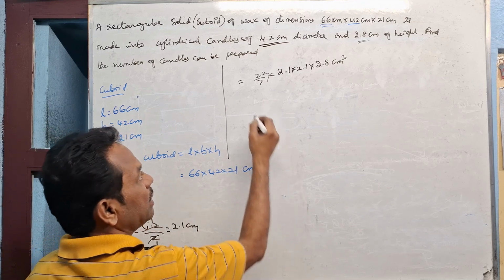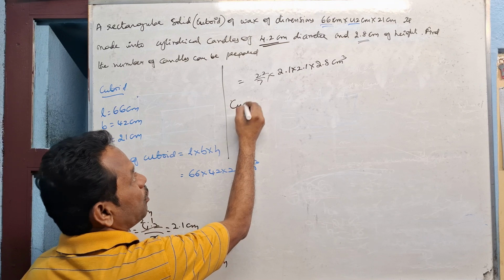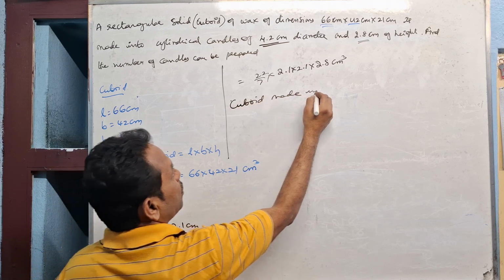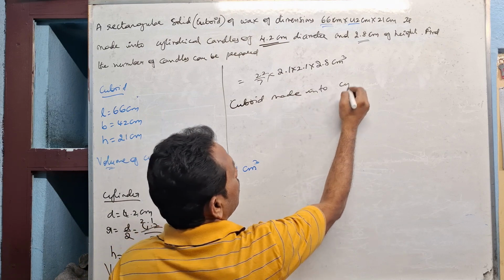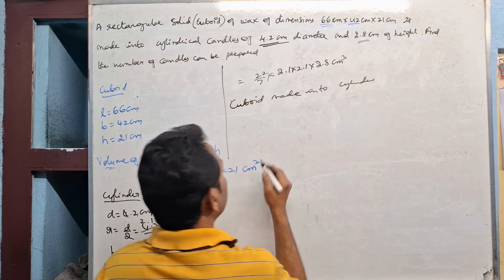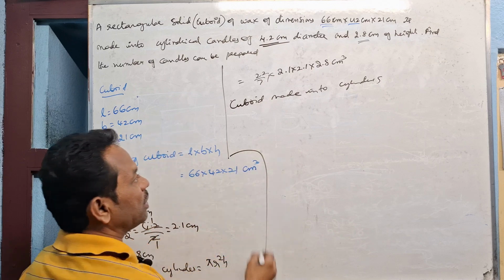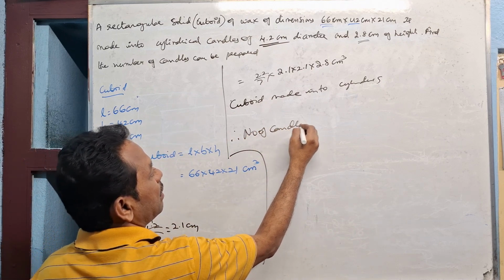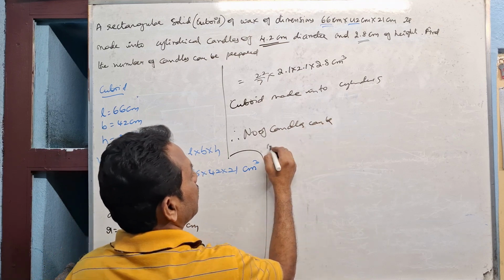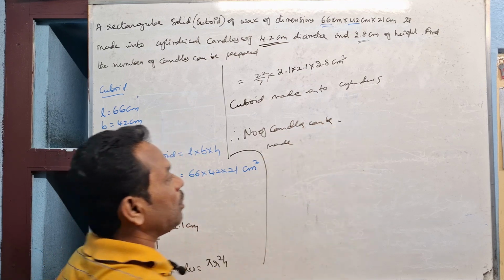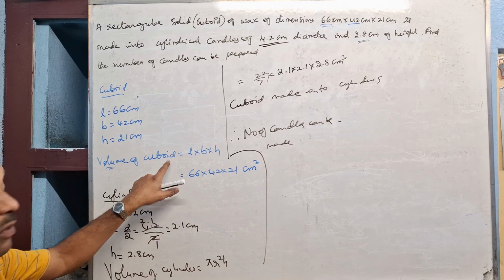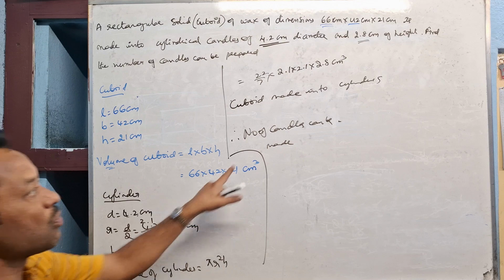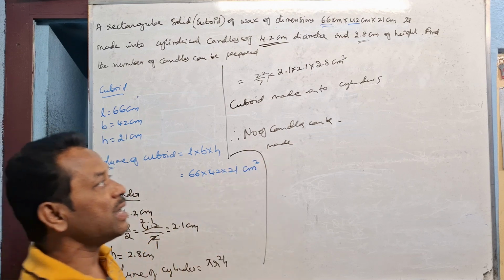Here the cuboid is made into more than one cylinder. So the number of candles that can be made equals the volume of cuboid divided by the volume of one cylinder. We are using the cuboid and converting it into cylinders, so how many cylinders will we get?